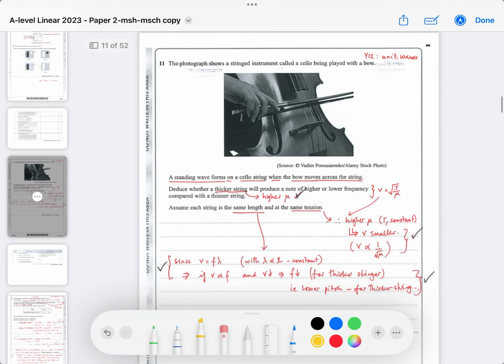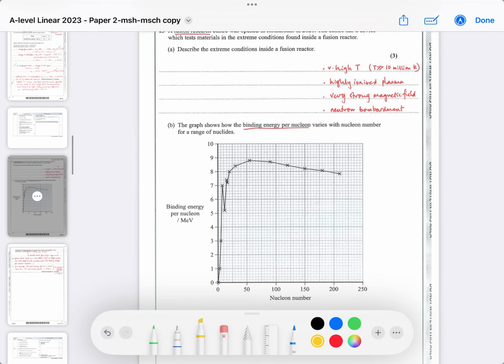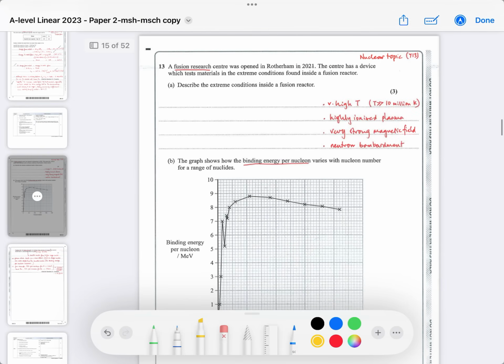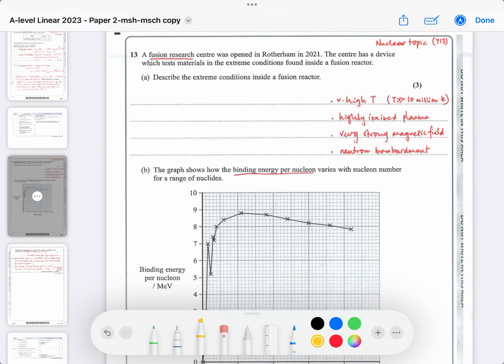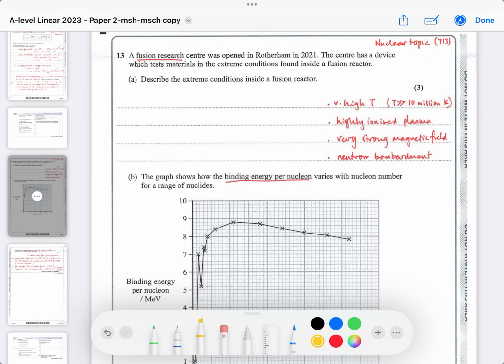So we went through question 11 before, and we went through question 12 before. So this is the question which I'm going to start with in today's run through. So this is very useful for people doing either modular or linear, because the content in the nuclear section is exactly the same.